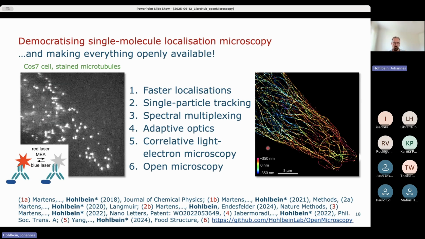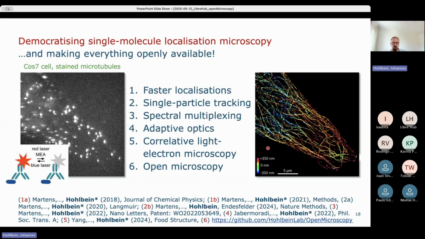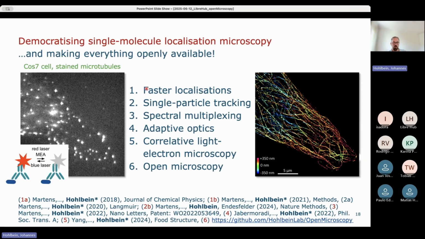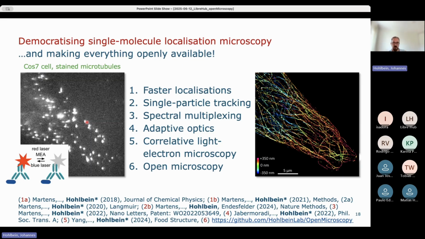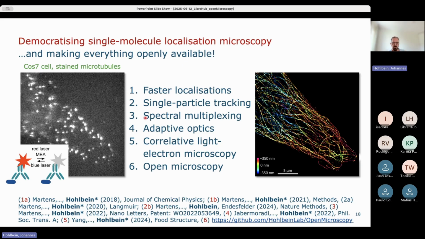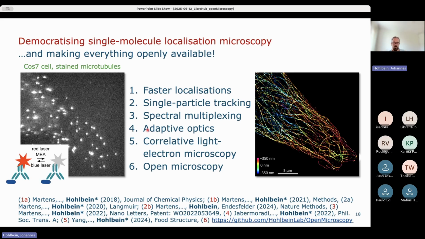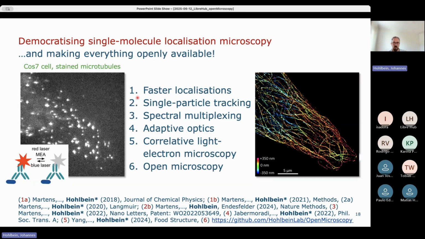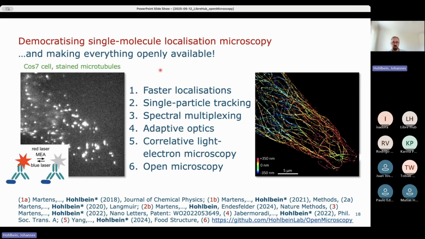Over the last couple of years, we worked on a number of implementations: how to do the localization faster, how to do single particle tracking, how to do spectral multiplexing, and we worked on adaptive optics and correlative light electron microscopy. I'll pick out numbers 2 and 3 to give you a bit of data.